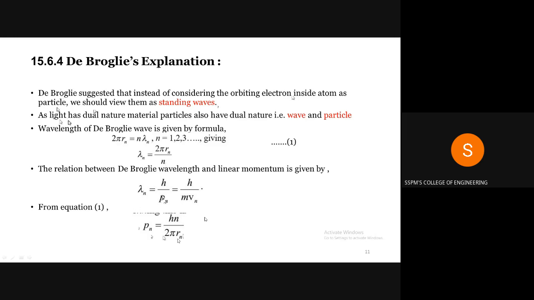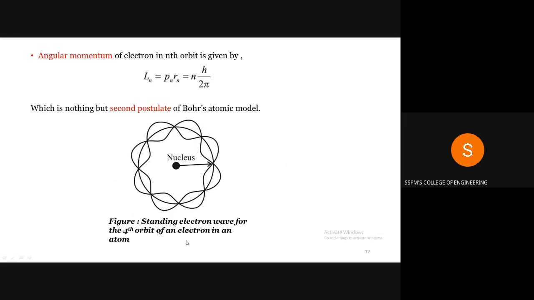Here is the coincidence: momentum p equals nh upon 2 pi r. The angular momentum of an electron in the nth orbit is given by the momentum of the electron in the nth orbit into the radius.